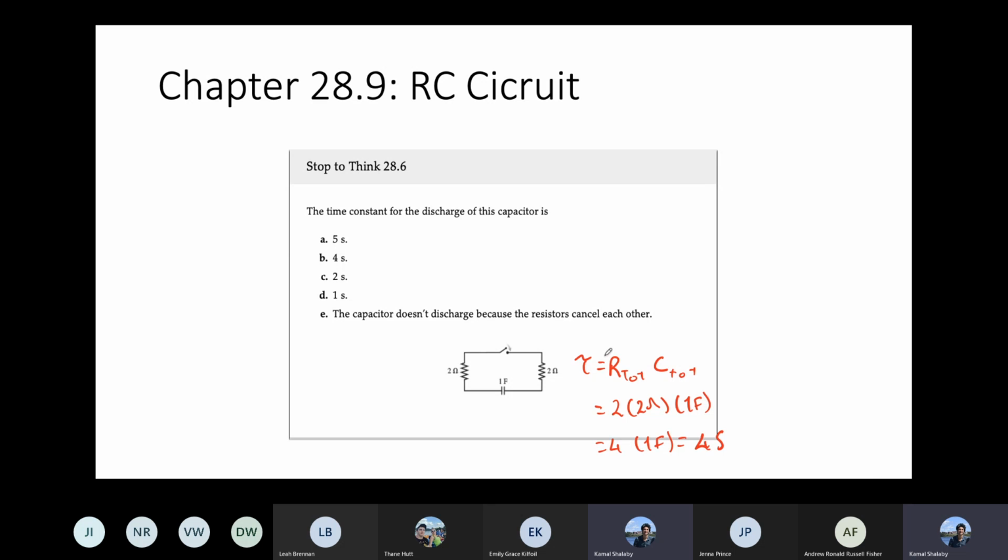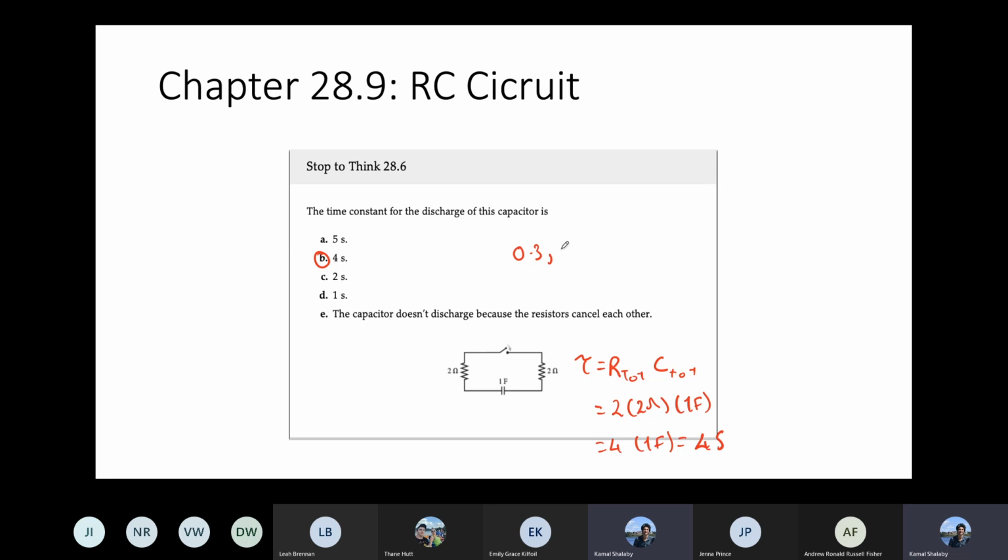So it would take 4 seconds to fully discharge. No, what is the time constant? Yes, the time constant is equal to 4 seconds. After 4 seconds, there only remains 0.3, I believe, of the initial charge.